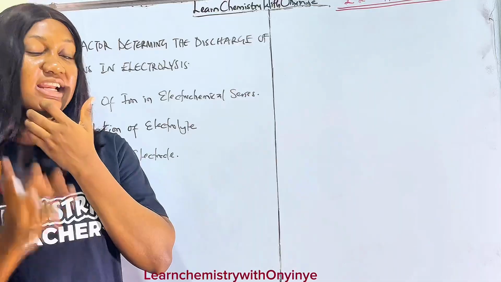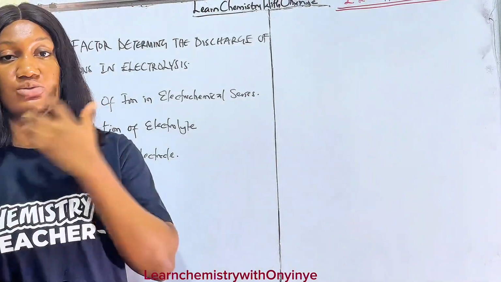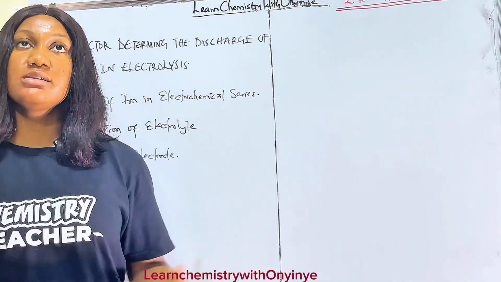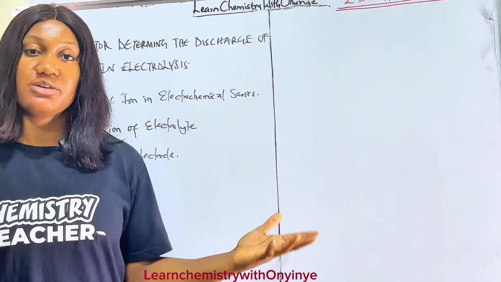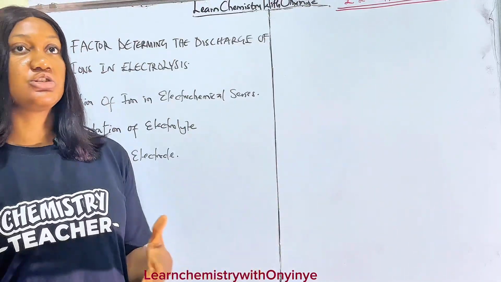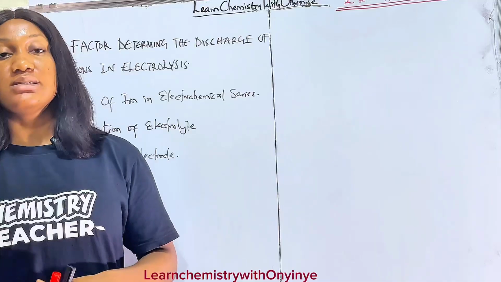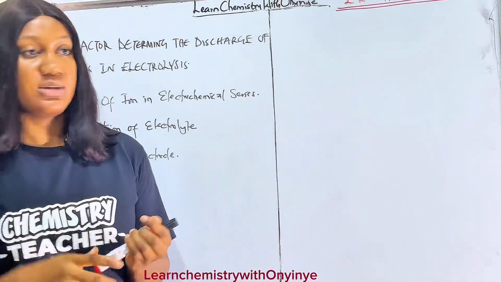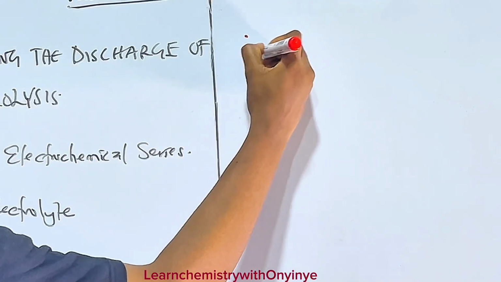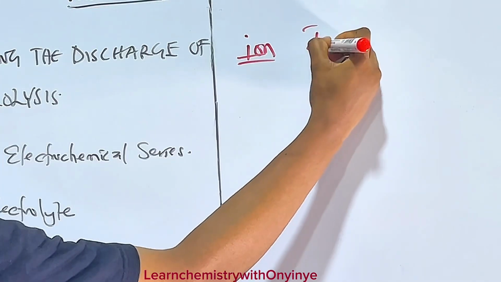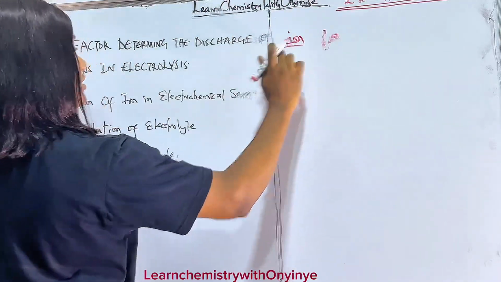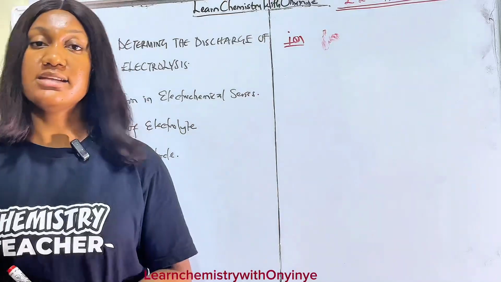So if electricity passes through an element, let's say sodium, how many ions are in sodium? Just one sodium ion. How many ions are in copper? Just one copper ion. So how many ions are in a single element?